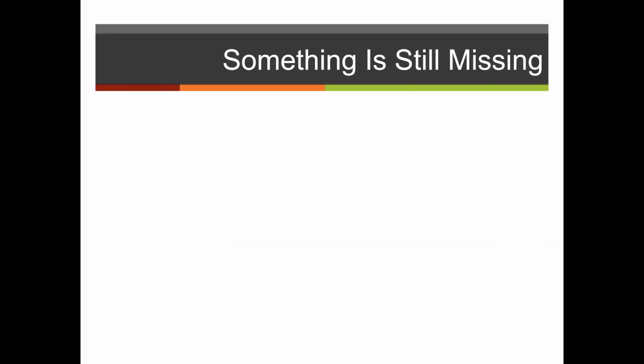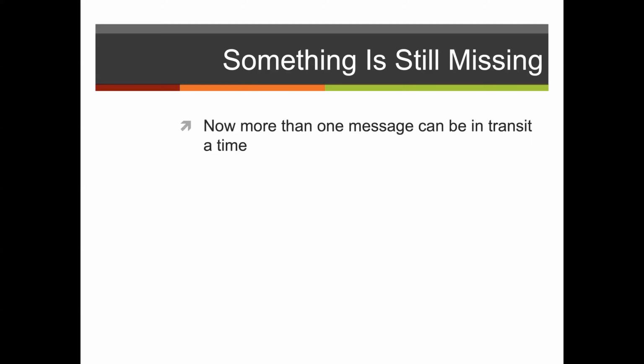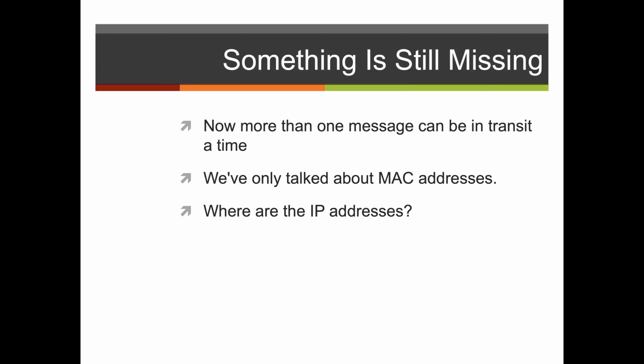So this has provided an avenue of how Ethernets are connected and how the bridging algorithm works, but something else is missing. Now we can have more than one message in transit at a time. But we've only talked about MAC addresses. So where are the IP addresses in Ethernet transmission?